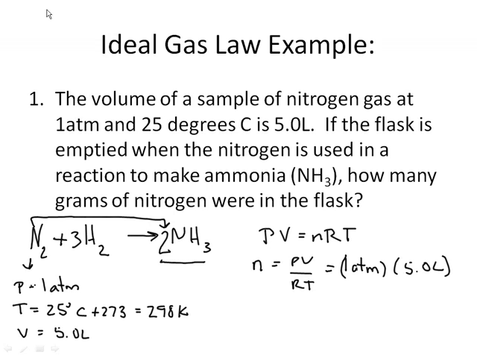And if you don't remember this conversion of Celsius to Kelvin, remember that it is on your blue sheet and you are responsible for knowing it. So then over here, I've got my 0.0821 liters times atmospheres divided by moles times Kelvin. There's R. And then my temperature is 298.